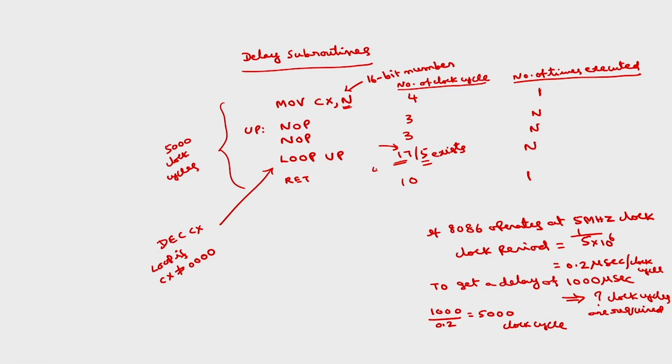So in the loop, for a jump 17 cycles are required, for exit 5 cycles are required. Here how many times will this jump? N minus 1 times it will jump to up, and 1 time exit.